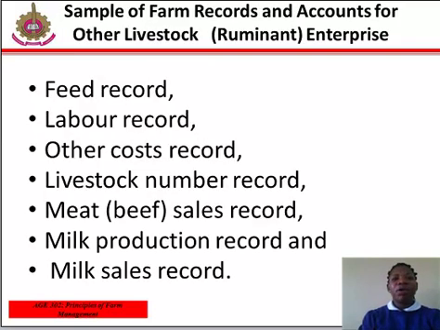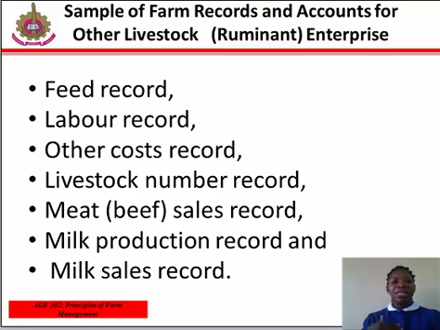The type of farm records and accounts kept under ruminant enterprises will depend on the type of the animal produced, either sheep or goats, beef cattle, dairy cattle, etc. Generally, the following records and accounts can be identified in a comprehensive livestock enterprise, embracing meat and milk production.